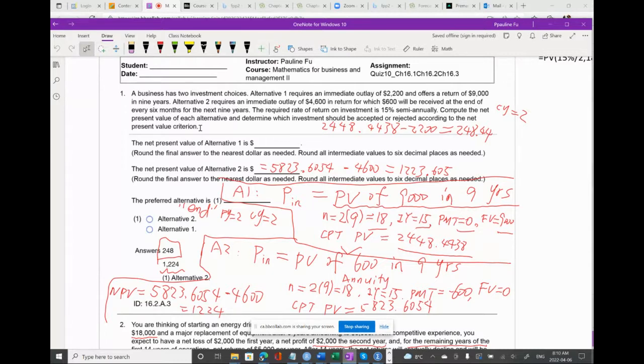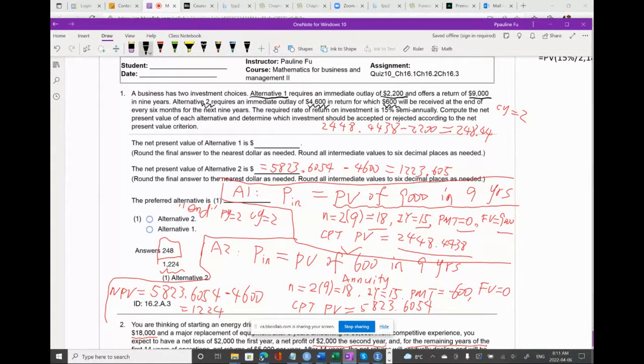So in this question, we are given 2 alternatives. Alternative A, you have an immediate outlay of $2,200, and then a return of $9,000 in 9 years. Alternative 2, you have an immediate outlay of $4,600, and then $600 at the end of every 6 months for 9 years.